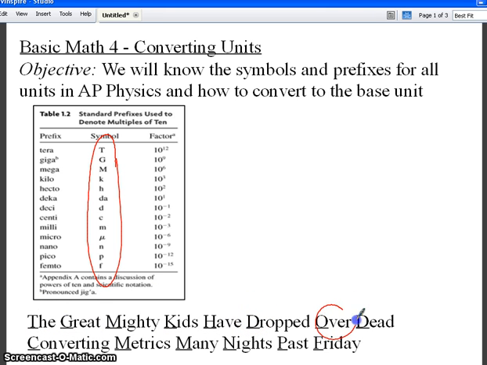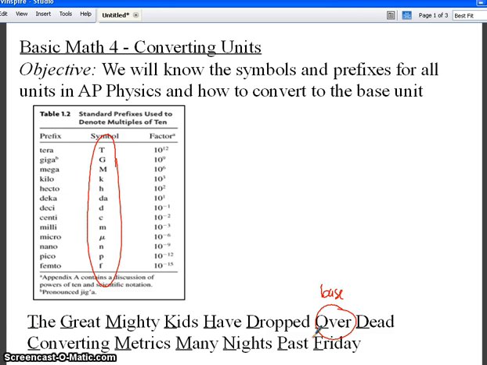This is the base. O is the base. So tera, giga, mega, kilo, hecto, deca, the base unit, deci, centi, milli, micro, nano, pico, femto. So in case you forget, you have this little saying to help you out.